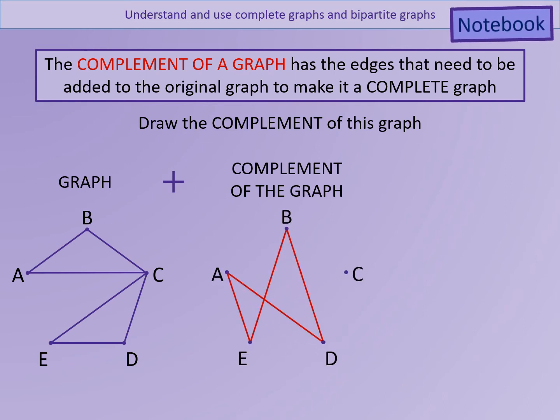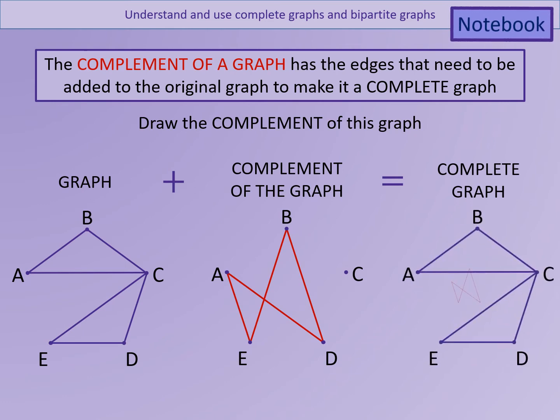So we would need the edges in red to complete the graph. Notice that the complement still uses all of the vertices of the original graph. Adding these 2 graphs together will make the complete graph with 5 vertices.